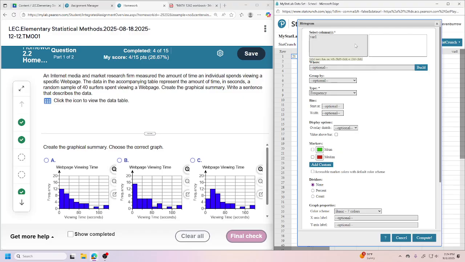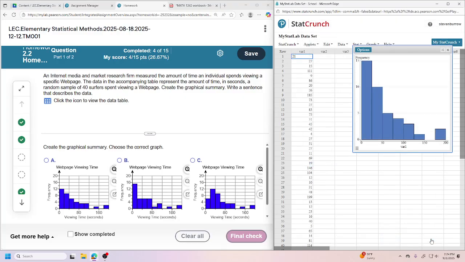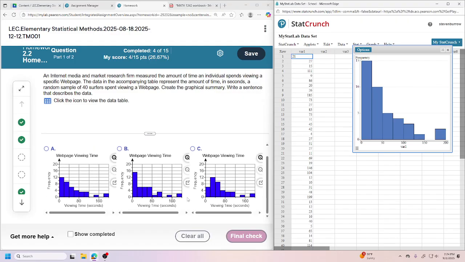Perfect. Exactly, right? I'm going to click var1, and I'm worried. But I'll try it. You ready? So these are my options. You see how there's a problem here, right? Is it exactly the same?